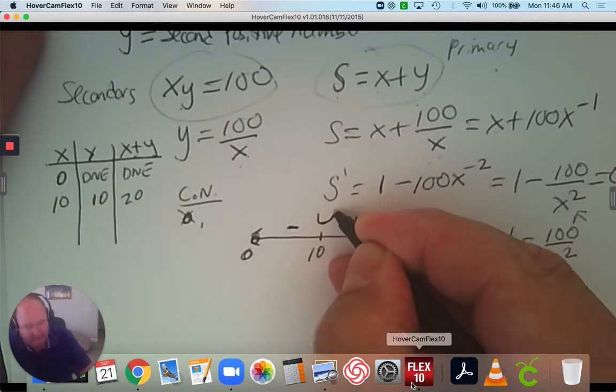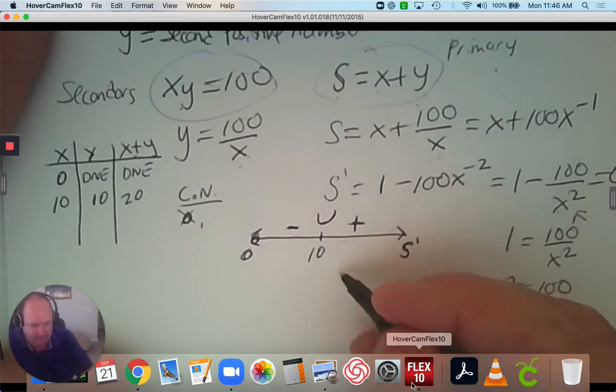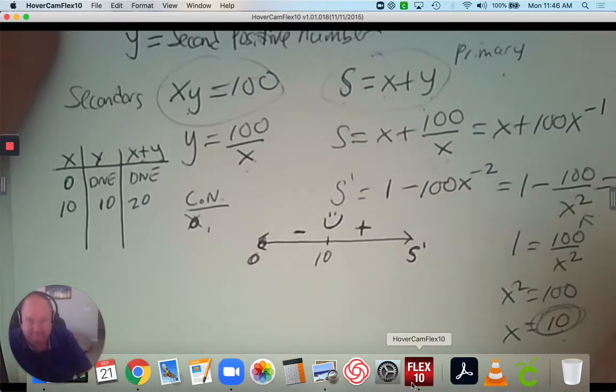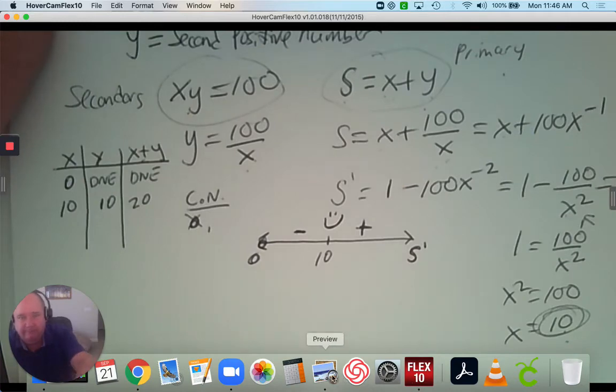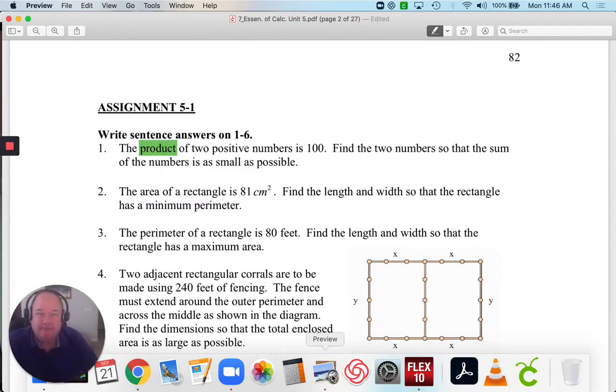At 10, is that a minimum? Yes. And there it is. So the question again was, find the two numbers so that the sum is the smallest. So I want to find the two numbers. So the two numbers are 10 and 10.